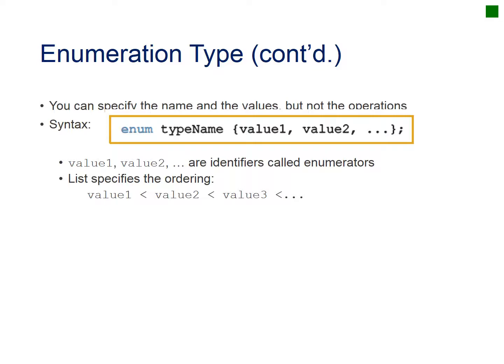The syntax is enum type name, value 1, value 2, where value 1 and value 2 are identifiers called enumerators. The list specifies the ordering. Value 1 is less than value 2, which is less than value 3, and so forth.